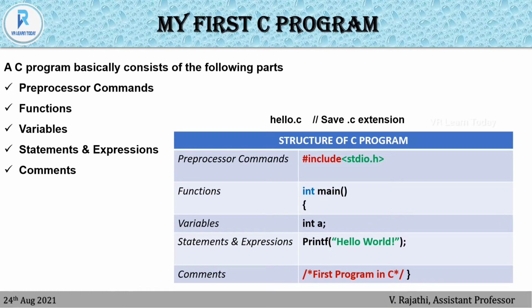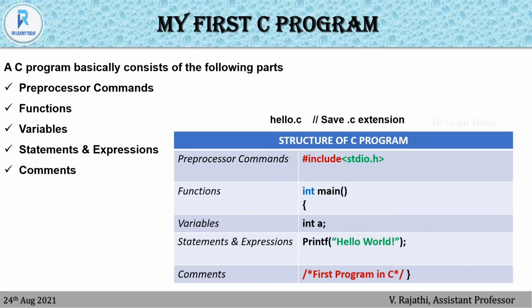If you are writing a C program, you have to save it with the .c extension. This is the header file, #include <stdio.h>. This is called a preprocessor, and this is the int main function. After that, this is a variable declaration, and these are statements and expressions.